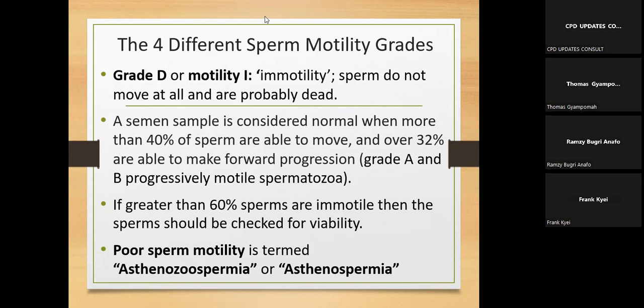If you look at the current edition, a lot of the variables have been decreased. Sometimes in previous books, they would keep motility at more than 50%. Now, motility of 40% is considered normal. And if you have A and B progression together giving you 32%, it is still considered normal. If you have a sperm count of 15, it is considered normal.